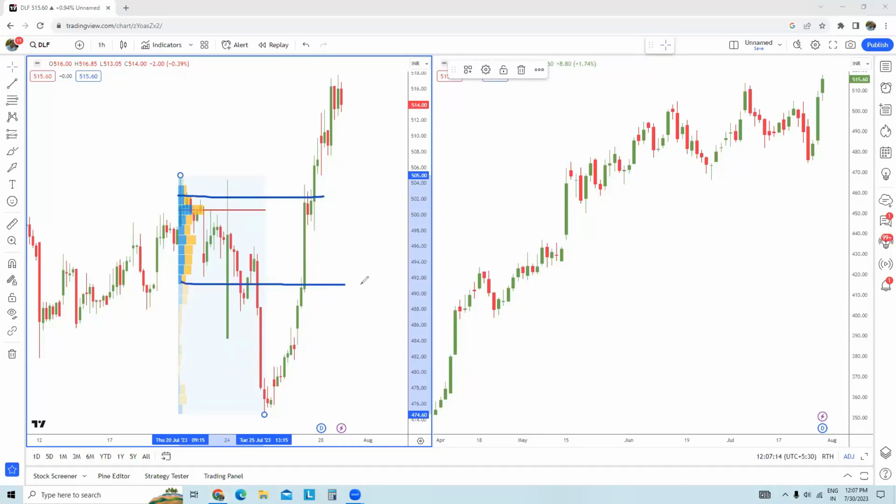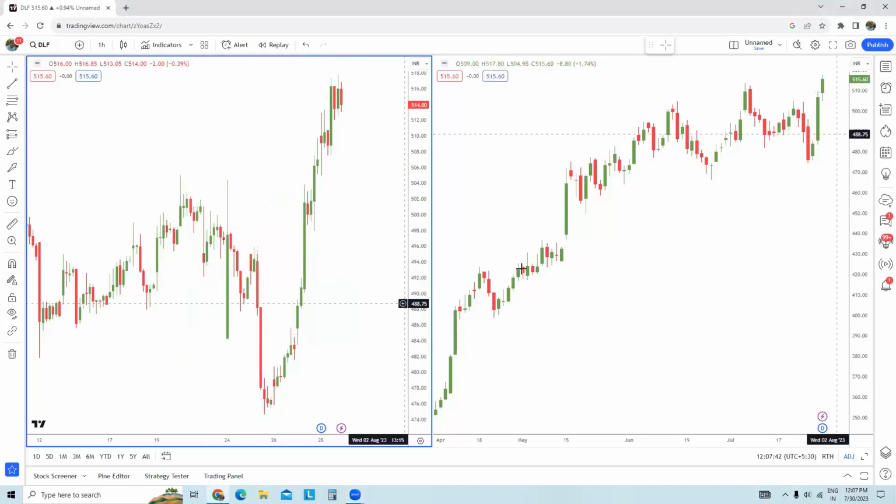This is the level where the maximum amount of volume has been generated, especially in this zone. And you can see the way prices have reacted: we have a decent breakout at this level of 506. The stock rallied immediately by 10 points, right? So this is how you're going to use volume profile.